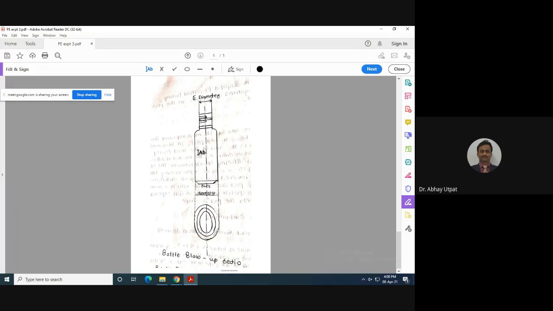Same thing I told. Now this blow ratio also depends upon the parison temperature and parison thickness. If your parison does not have the proper initial temperature, then blowing will be difficult.